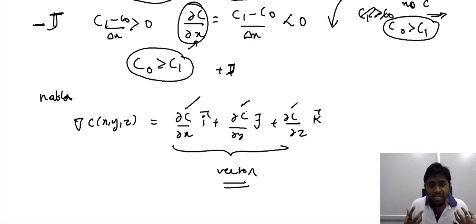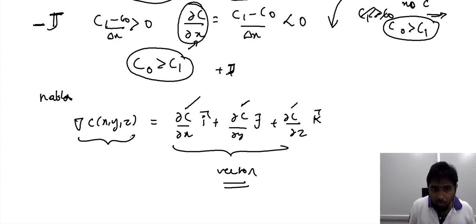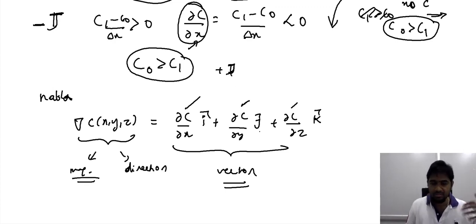How would we understand the resulting direction of this vector? Because when we say that the gradient of a concentration is a vector, the gradient needs to have both a magnitude and a direction. Now the magnitude stems from the partial derivative. However, we are not so sure about the direction.